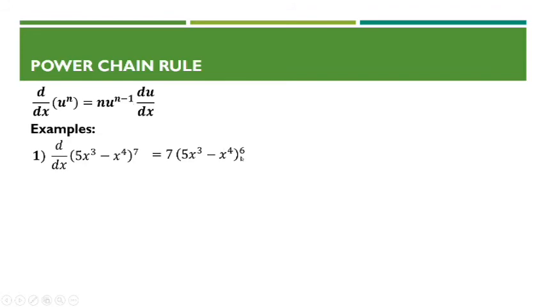So n minus 1 is 6, times the derivative of u, the inner function 5x cubed minus x to the 4th. Copy the first factor we got, and the derivative of this difference is 3 times 5 is 15x squared, minus the derivative of x to the fourth, which is 4x cubed. So that is our final answer. Hindi na natin i-expand yung power of 6.